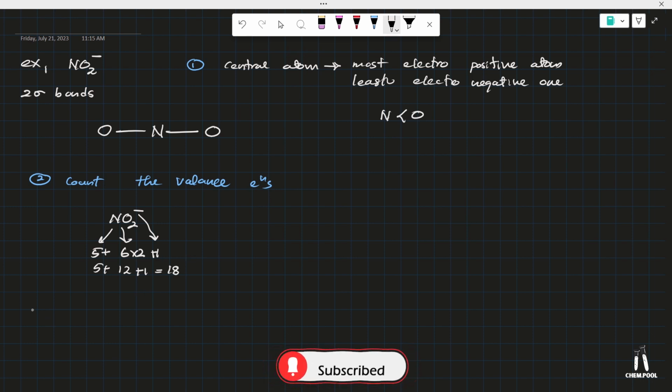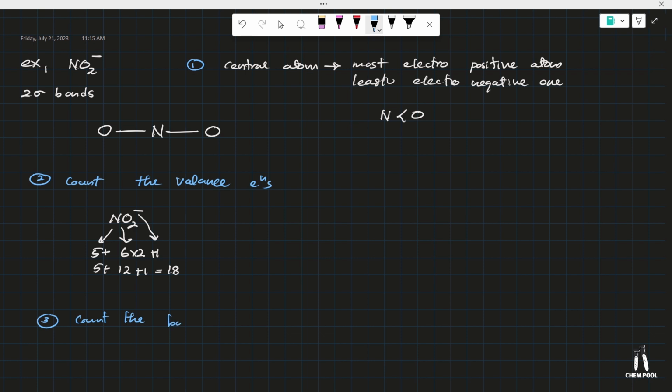Then third step, count the bond electrons here and subtract those from total valence electrons.